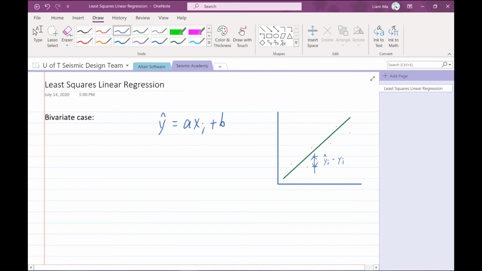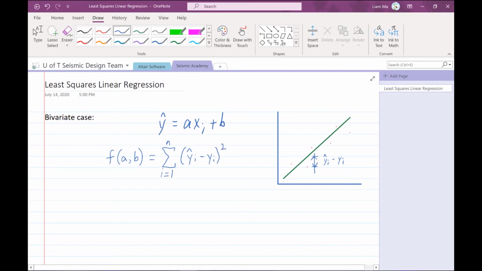And the least squares part of this is we want to find what values A and B are such that the total squared error is minimized. And what this means mathematically is we want to figure out a function that involves A and B, and that's equivalent to the sum of all squared errors. So it's going to be y hat sub i minus y sub i all squared.